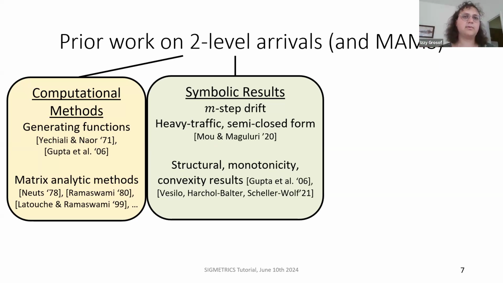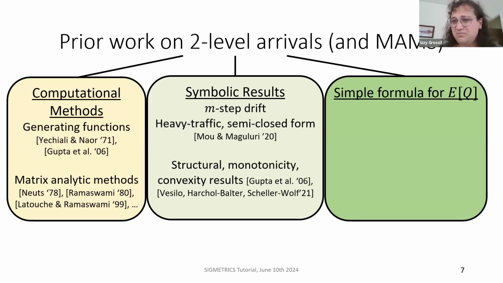So it's very nice. That being said, it's not going to give you tight bounds. It's all this sort of qualitative information. And really, what I want here is a simple formula for mean queue length, either an exact result or some nice tight bounds. And what do we have there? No prior results, open problem.